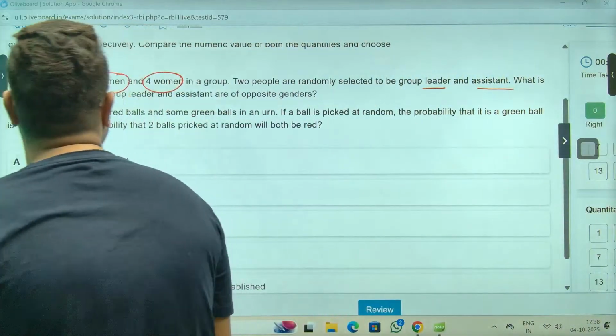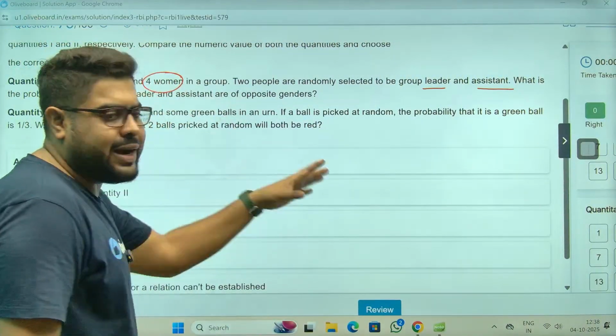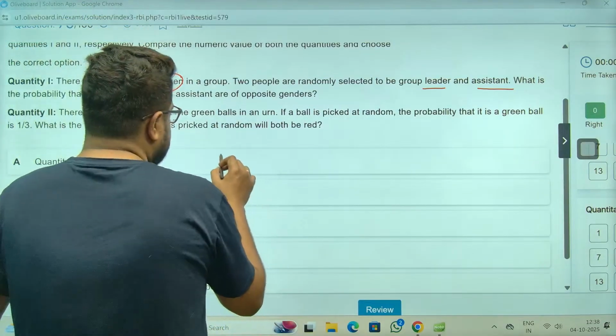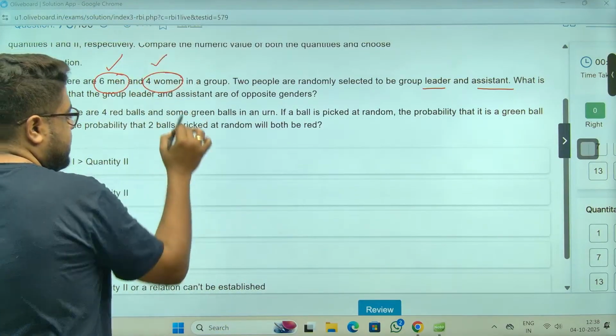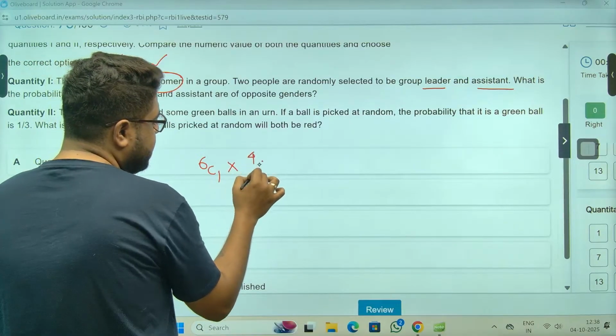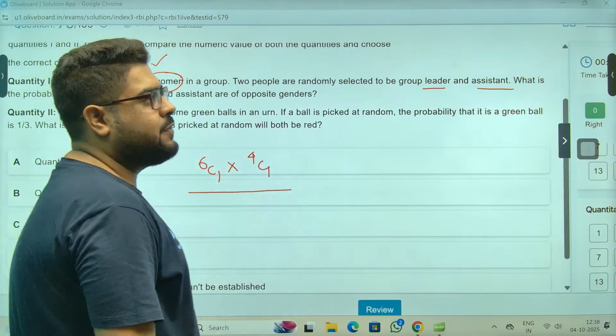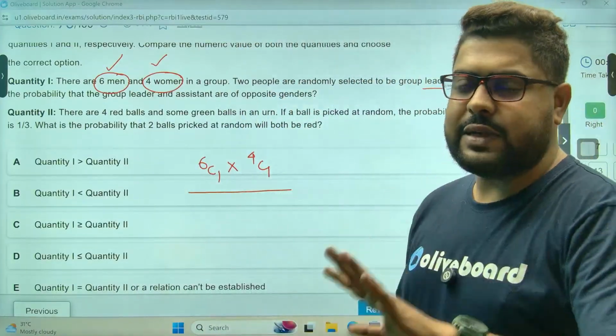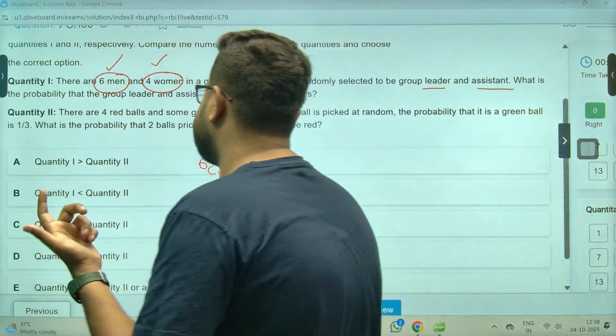Sir, very simple. Either you take one at a time or you take both at the same time. Either I'll take one from men and one from women. Automatically, they both will be of different, opposite genders.